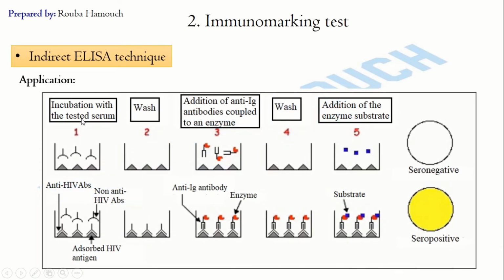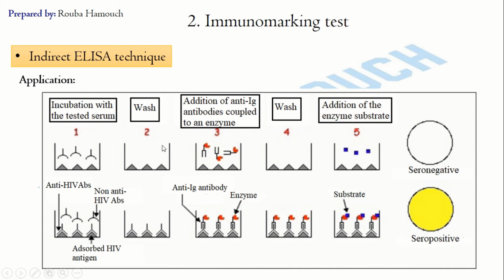So we have two possible cases, seronegative case or seropositive case. If the tested serum incubated with the HIV virus does not contain anti-HIV antibodies, the other non-specific antibodies will be eliminated after wash.